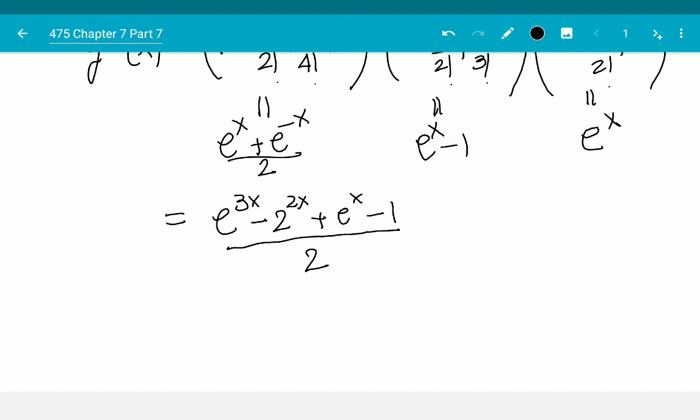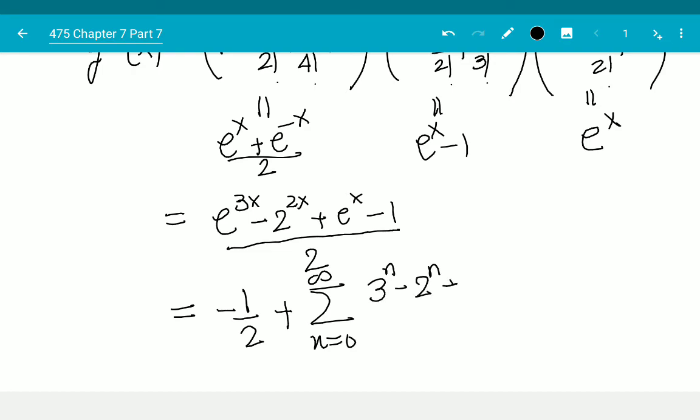You know how to do this from the previous, similar example. You can work it out as negative 1/2 plus the summation from n equals 0 to infinity of (3 to the n minus 2 to the n plus 1) all over 2, times x to the n over n factorial.